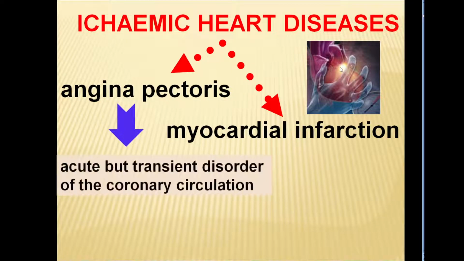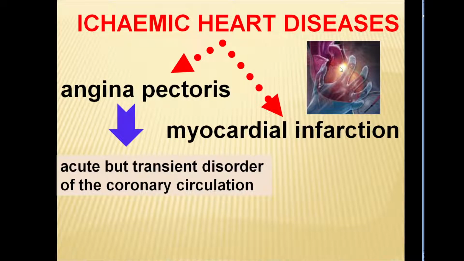When we are talking about angina pectoris, we think about acute but transient disorders of the coronary circulation. In other words, coronary circulation is restricted during a short time and not accompanied by significant affection of the heart. The process develops slowly. Later there will be some problems with the heart, such as formation of cardiosclerosis.